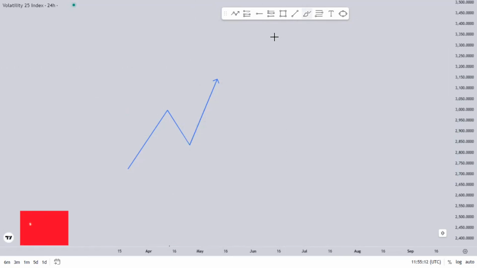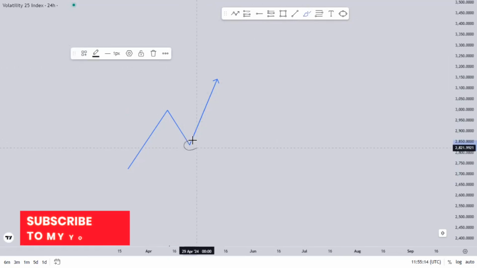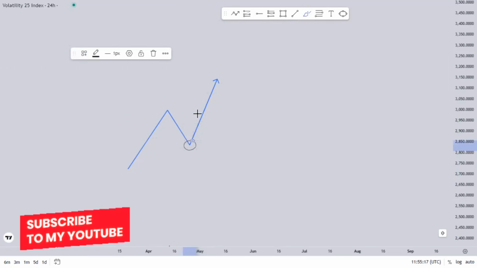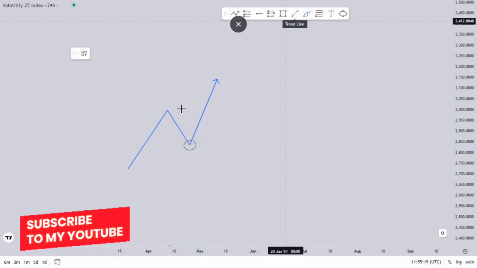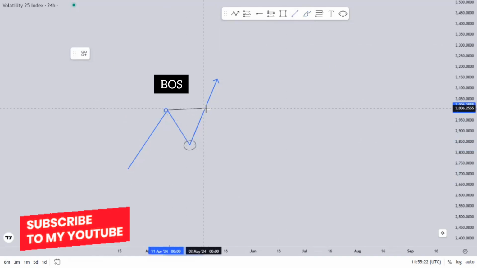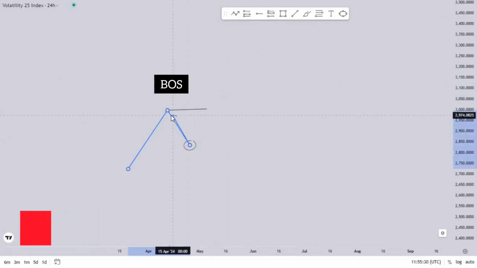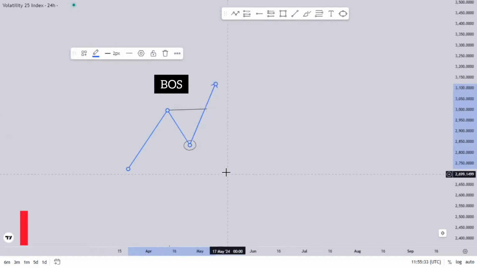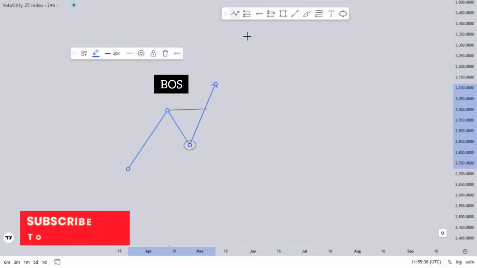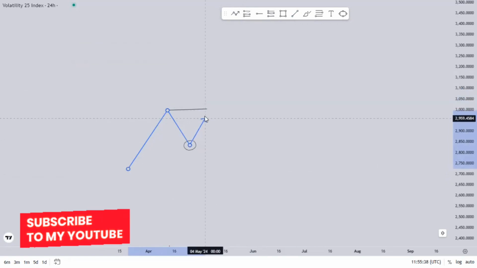For this to be called a valid low, it must lead to what we call a break of structure. A break of structure is when this particular leg breaks above the next higher high here. So what if this leg stops exactly here?